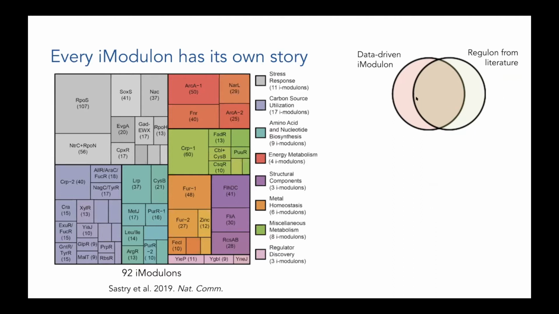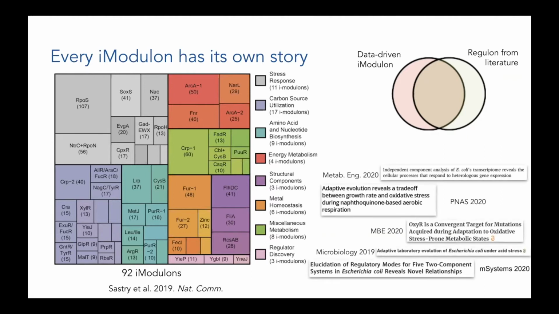The regulons from literature are based off of biochemical assays, and sometimes we may miss certain conditions when we're getting regulons from the literature. However, the data-driven iModulons are purely pulled from the data, and this is telling us exactly what genes are co-regulated together at all times.